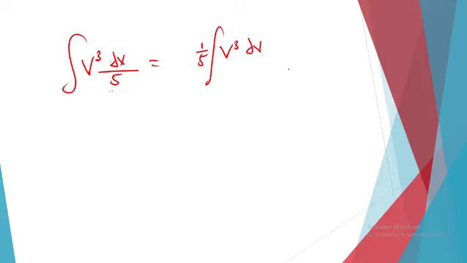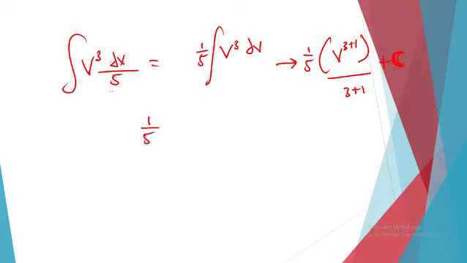So we have 1 over 5 into v raised to 3 plus 1, all over 3 plus 1, then you add your constant C. So we then have 1 over 5 into v raised to power 4 all over 4.